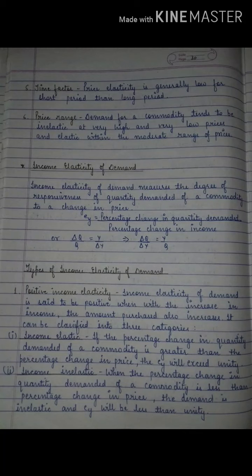Next is price range. Demand for a commodity tends to be inelastic at very high and very low prices. What do you mean by inelastic? Inelastic means rigid. So price range also matters. If the price is too high, if I am rigid, I will not purchase, or if I want to purchase, I will purchase only, like in the case of gold.